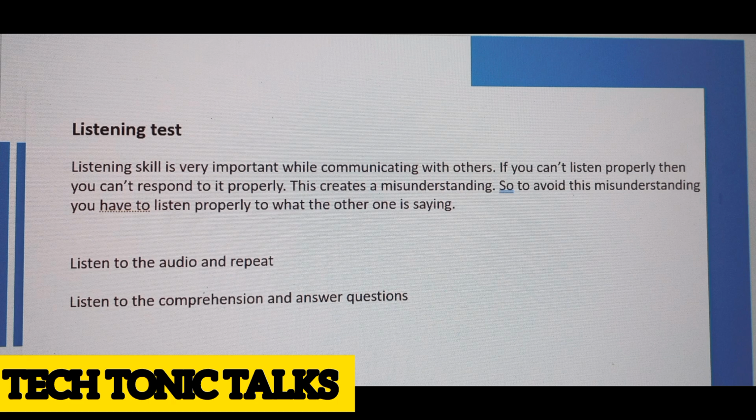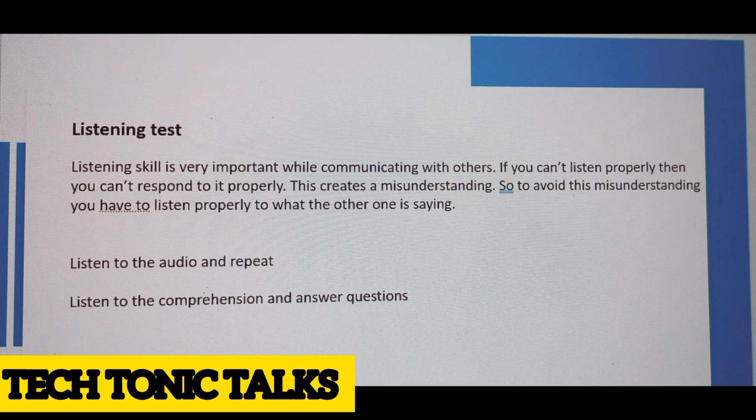The person who is going to be speaking is going to have an American accent. American accent is a little difficult for Indians to understand unless and until you have proper practice of it. That's why I personally feel that the listening test is a little tough. So you have to practice more here.